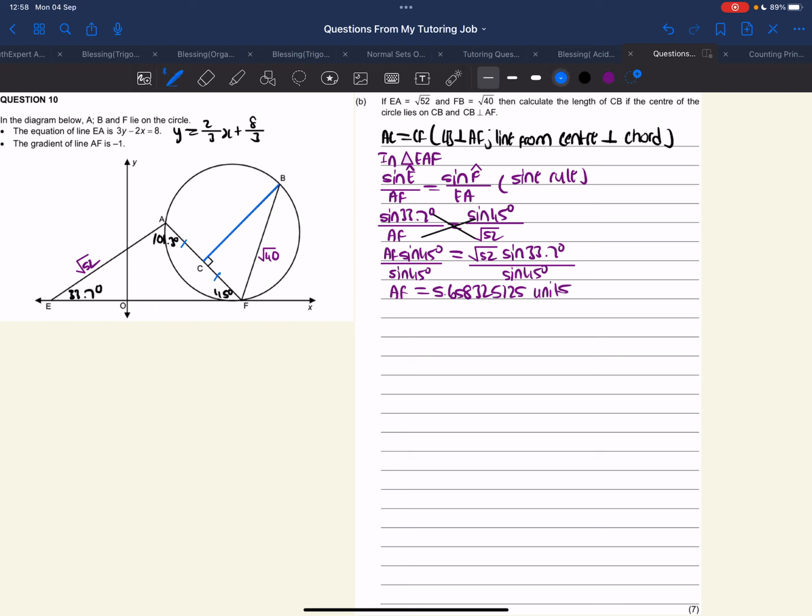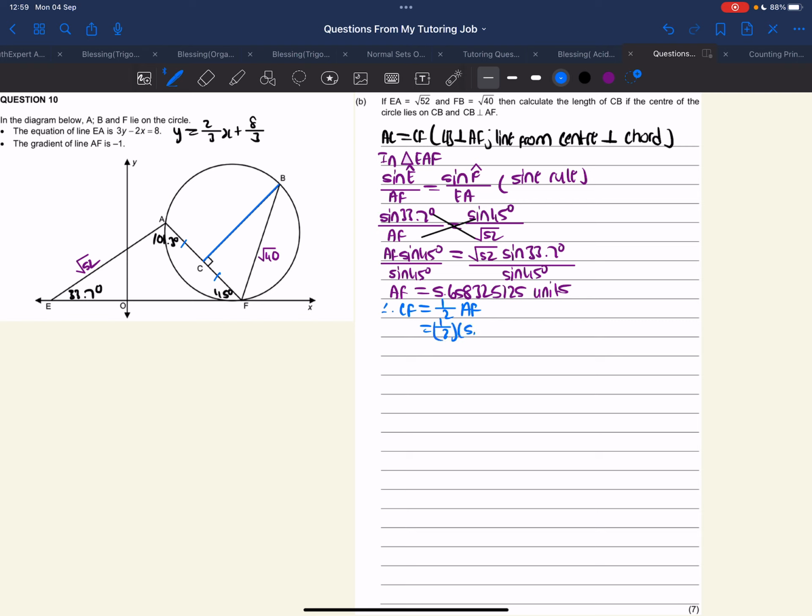Now that we have found AF, I can say therefore CF is going to be half of AF.